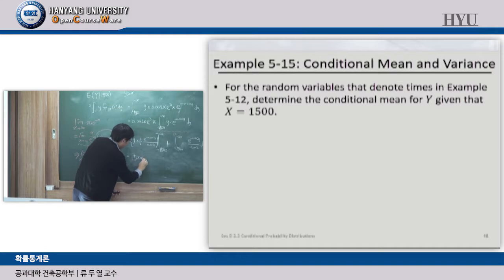1500 times, so that is equal to 0 minus 1500 times exponential minus 3 over 0.002, right? Okay?